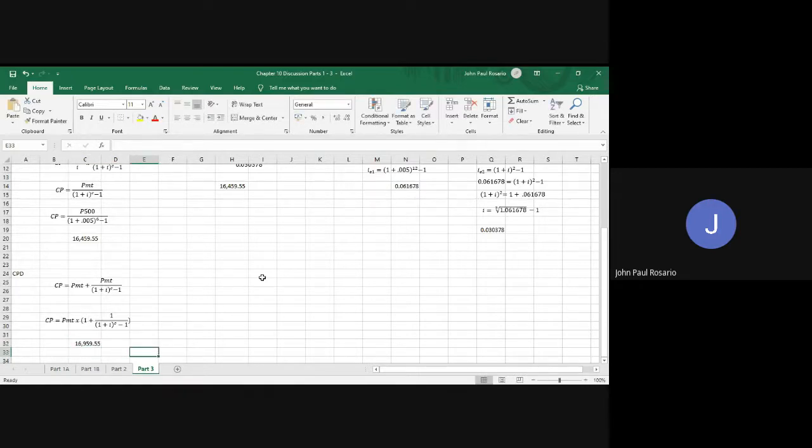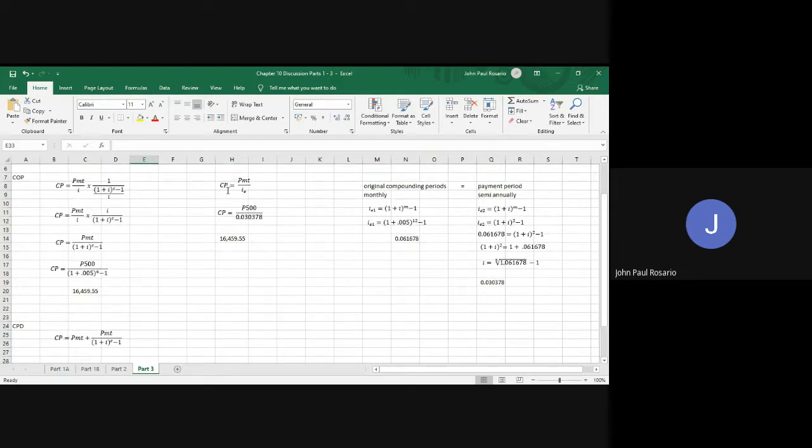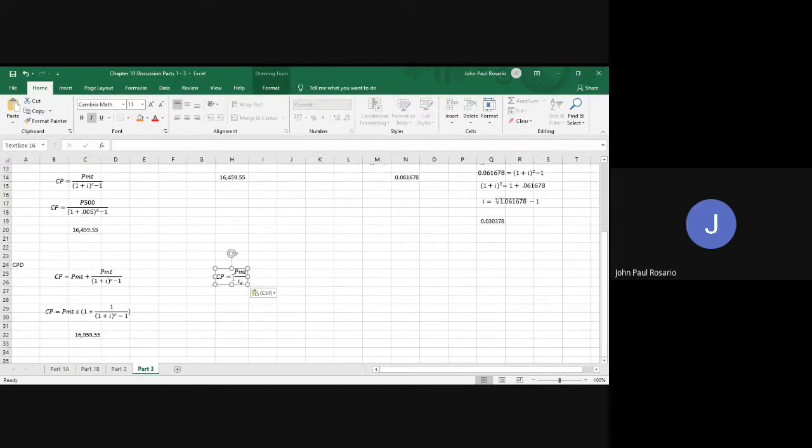While if you would use my formula, which is simply this one, and then we add the very first payment, and if you simplify this formula, it would look like this: payment multiplied by 1 plus 1 over i_e. The concept is still the same.